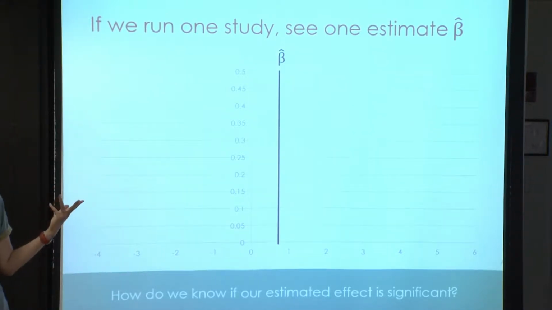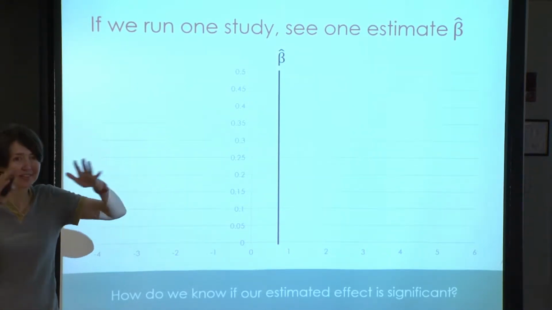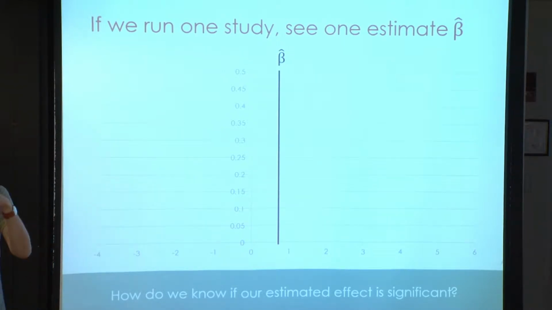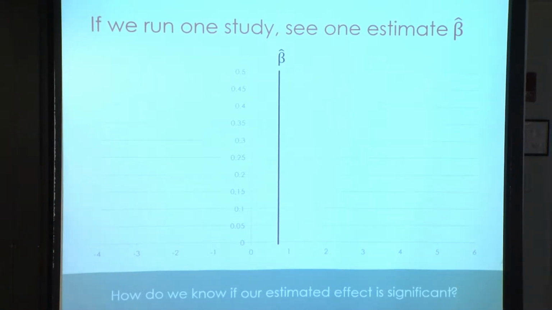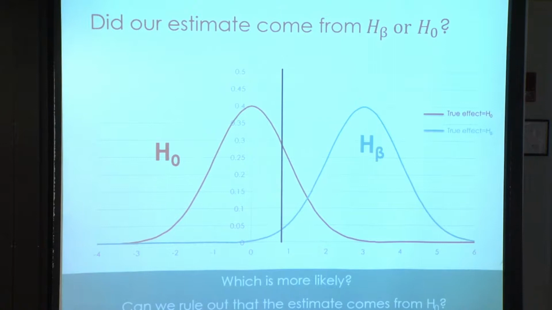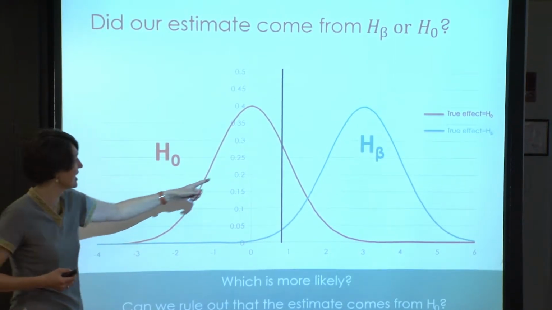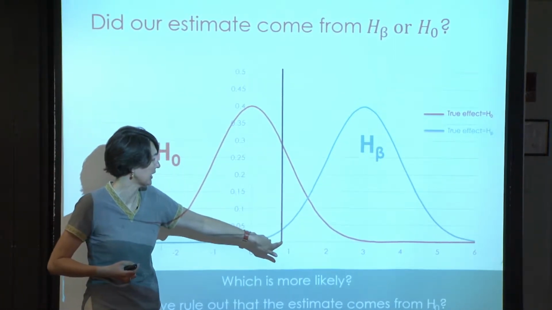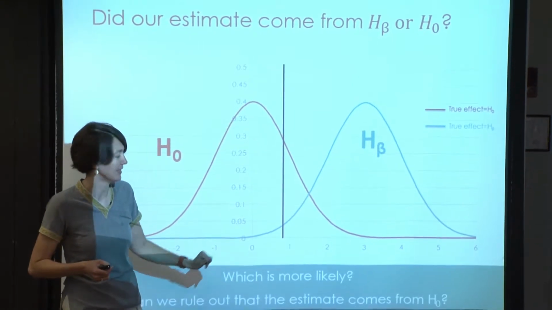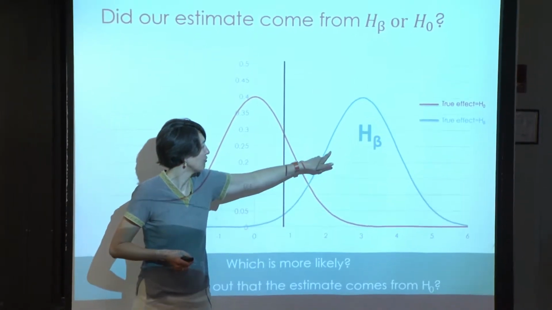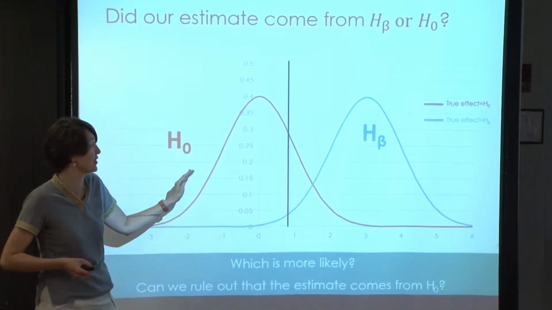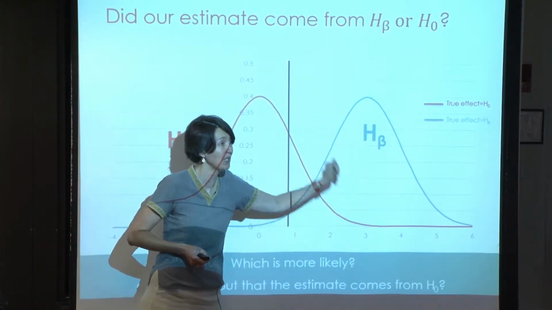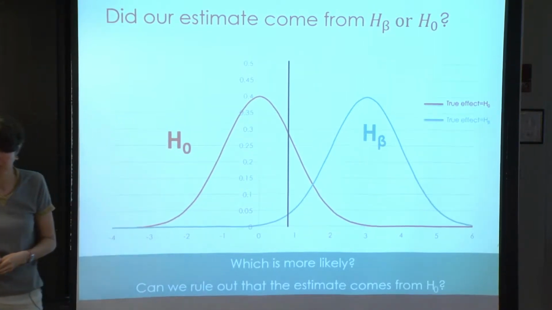Did it come from the set of trials where the true effect was beta, or did it come from the set of trials where the true effect was 0? That's our question, right? We see this one trial here, and we have to ask ourselves, did it come from this distribution, or this distribution? Because those are our hypotheses: that there was a true effect of beta, or there was no effect.